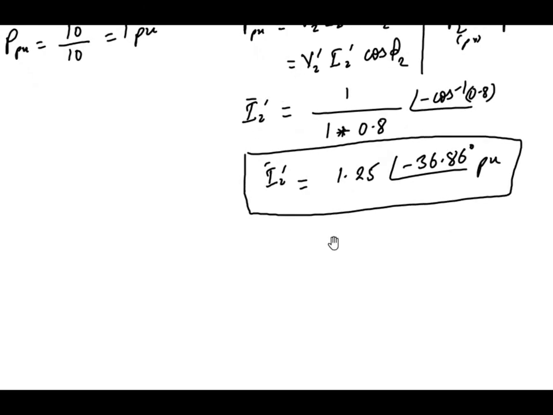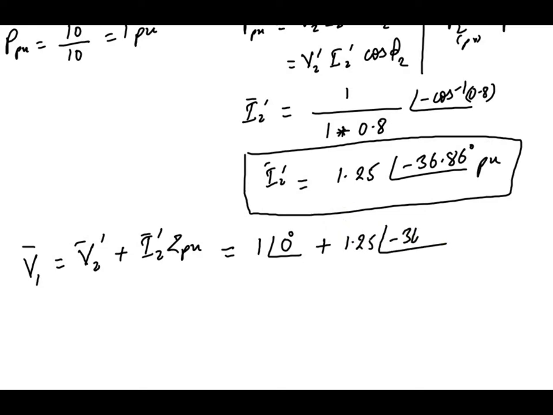Now we got this I2 dash. Let us now calculate the value of V1. V1 will be equal to V2 dash plus I2 dash into Z per unit. V2 dash, we have already seen, is 1, and it is the reference value, so it is on angle 0 degree, plus I2 dash, which we calculated as 1.25 angle minus 36.86 degree, and Z per unit, which is given in the question, is 0.5 plus j1 into 10 to the power minus 2.